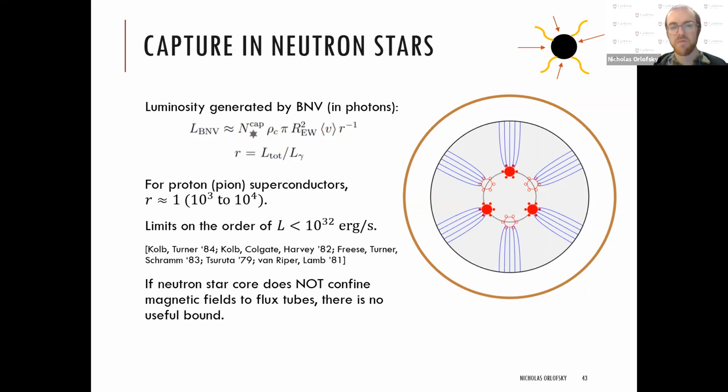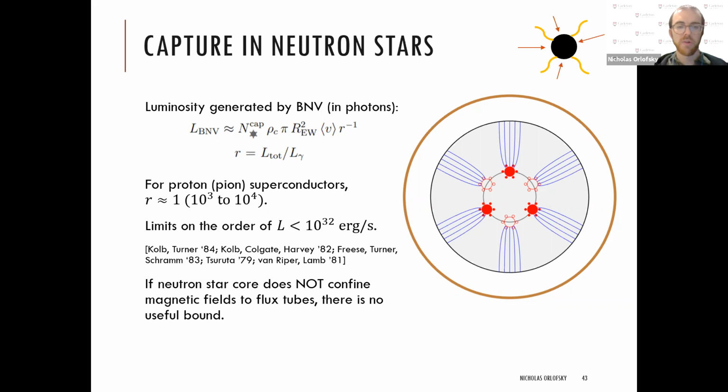There's really no hope of seeing neutrinos coming out. So you really just need to see what the relationship is between the luminosity here and then the luminosity of photons at the surface of the neutron star. It turns out that this is very dependent, again, on the exact nature of the matter inside of the core of this neutron star.